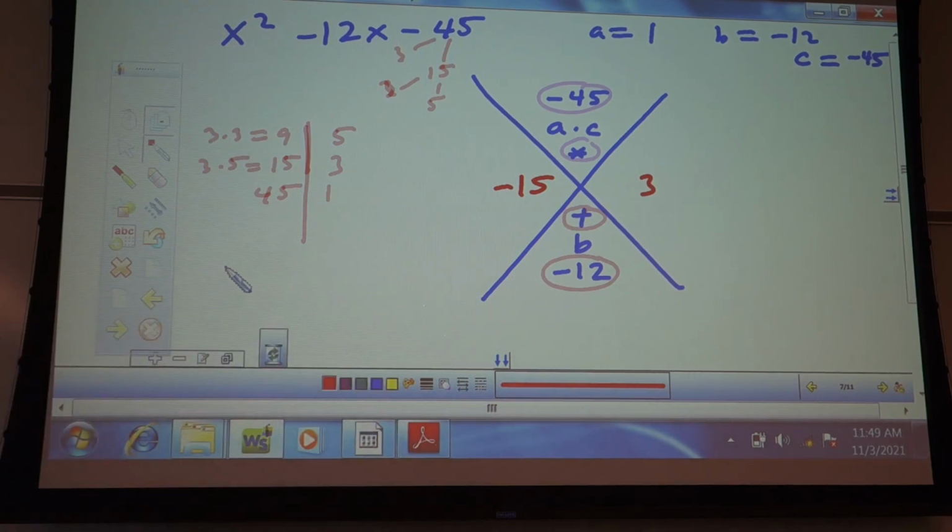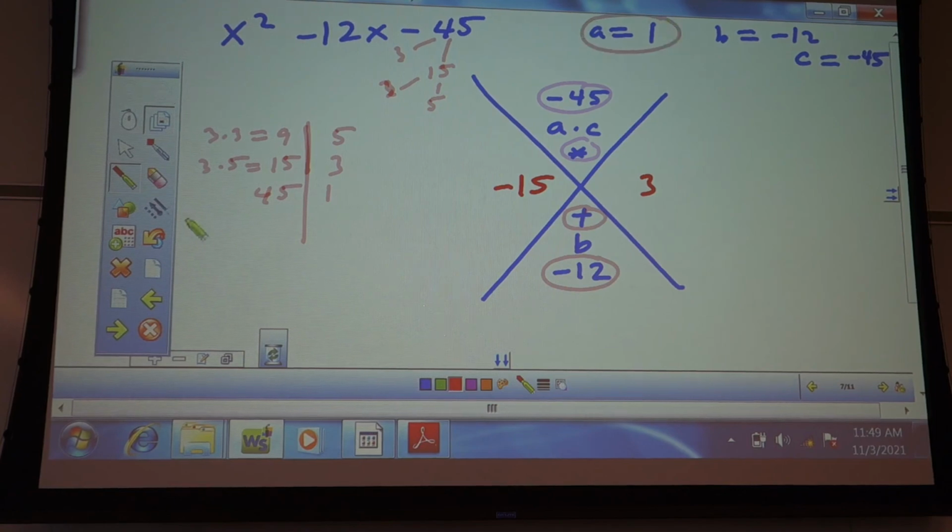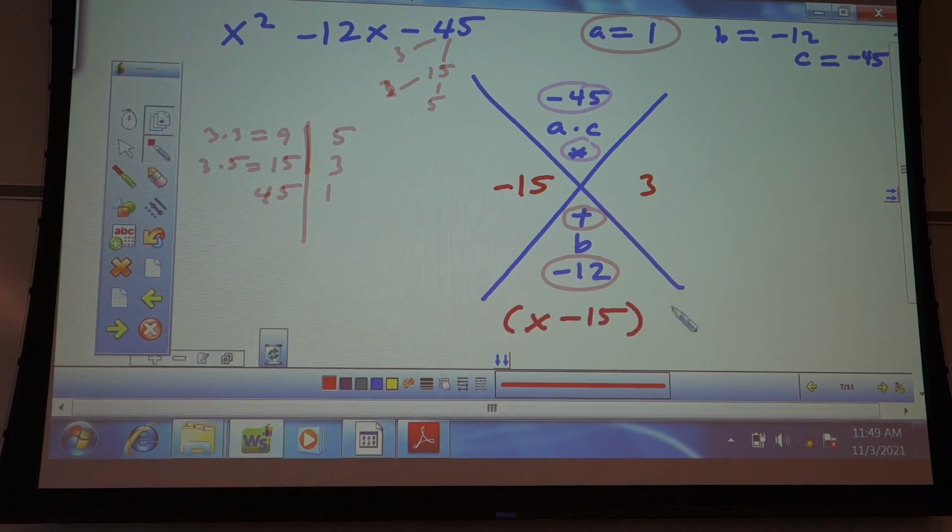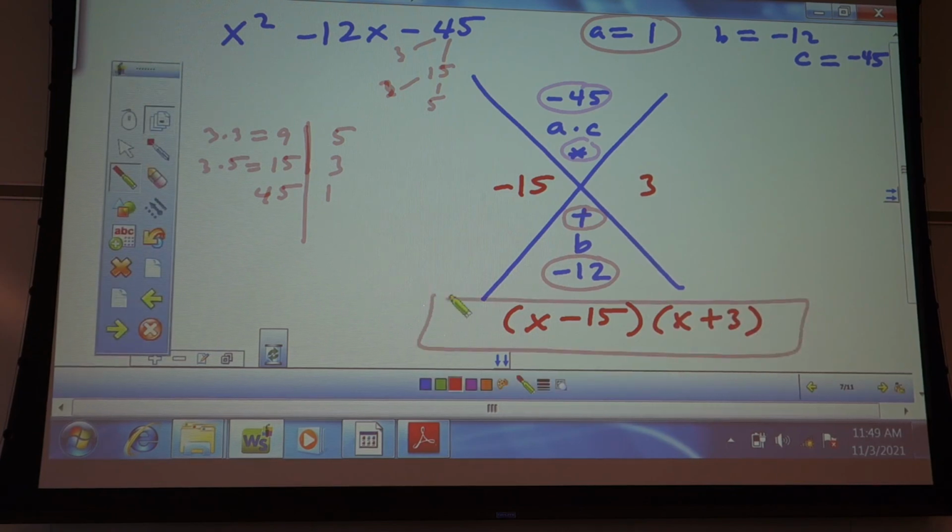Since my A is 1, I can go straight to this and say it's x minus 15 times x plus 3. You can only do that if your A is 1.